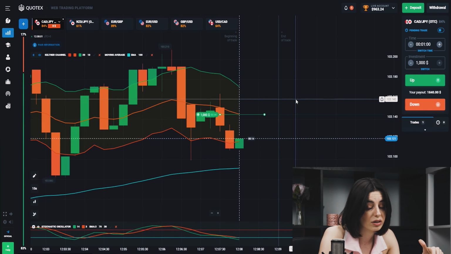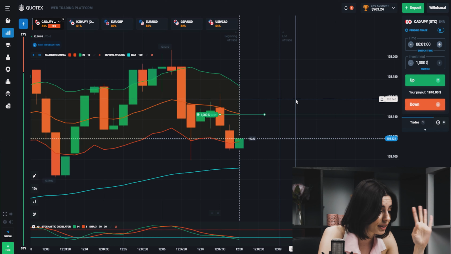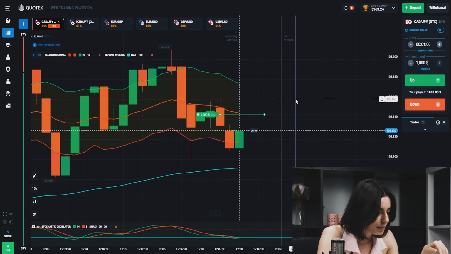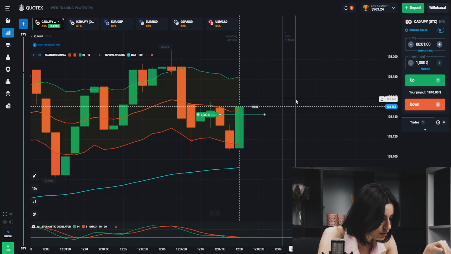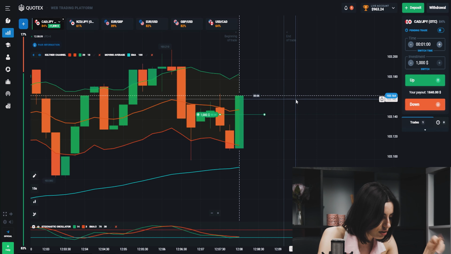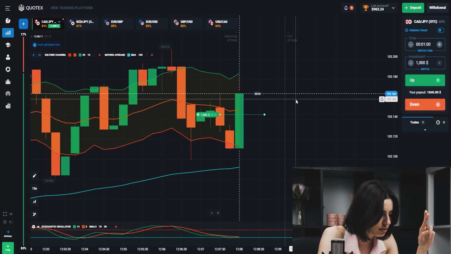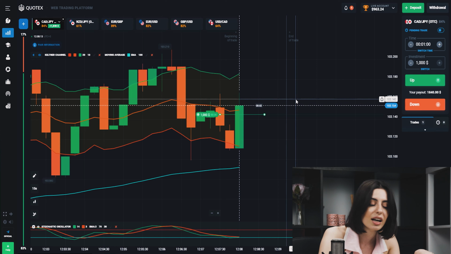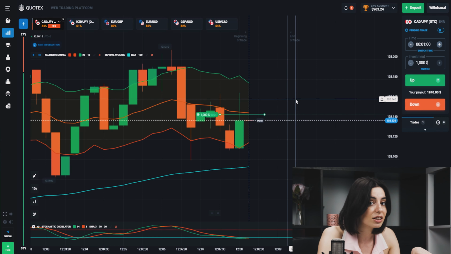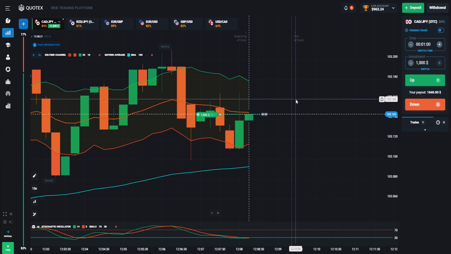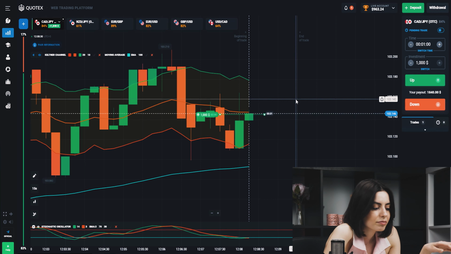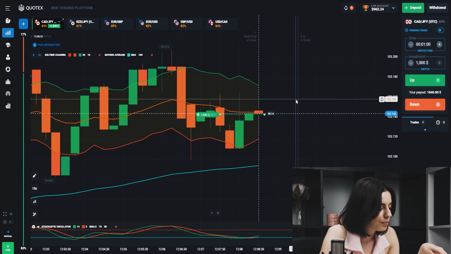With these orange candles it looked crazy, but again we are expecting the stochastic oscillator lines to cross, and here's the huge green candle already telling us we were correct. So it is as it is.